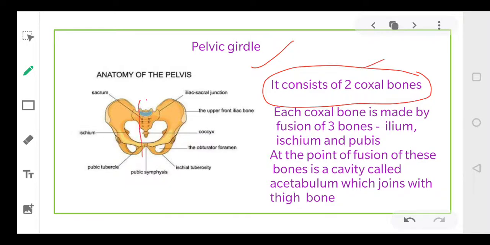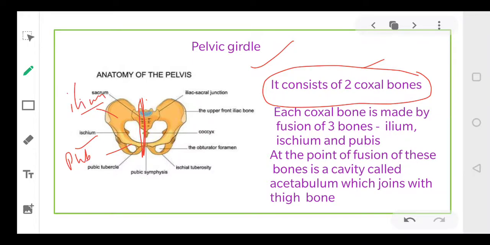This 1 half part is 1 coxal bone. And your 1 coxal bone is made up of 3 parts: ilium, ischium, and pubic part. Okay, and this is your ilium.